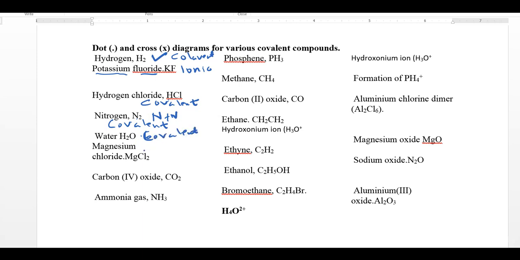Magnesium chloride: this is a metal, this is a non-metal, therefore ionic bond. Carbon 4 oxide: this is a non-metal, oxygen is a non-metal, therefore covalent bond. Ammonia gas: nitrogen is a non-metal, hydrogen is a non-metal, therefore covalent.